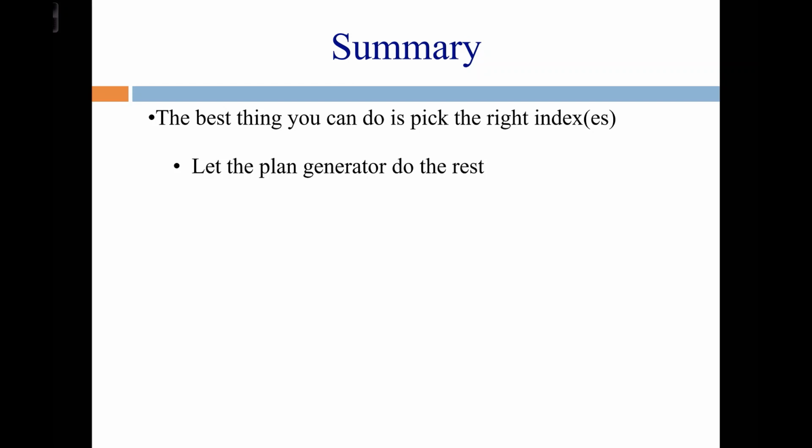If the plan generator is not doing what you think it should, then you have to think about what decisions it is going to make based on table size and index availability. Does an index help you go from one table to another, but not the other way? You just have to keep all that in mind. So it's important to know how this stuff works in order to get our queries and indexes right.